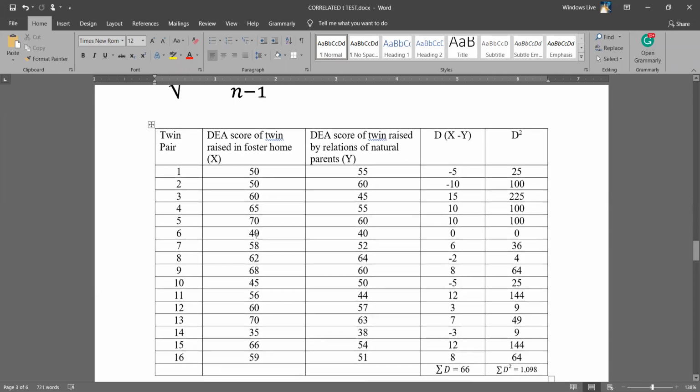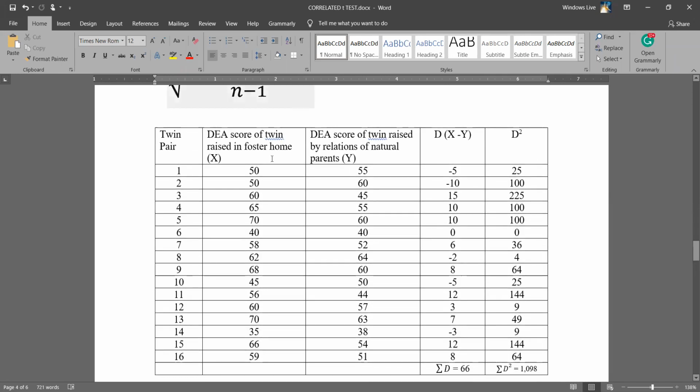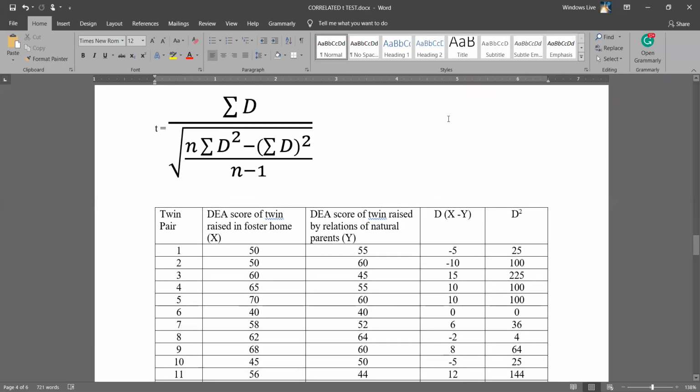You could see within your table, you had these first three columns. That was what was provided to you in the question, but I've created additional columns, the last two columns, trying to solve D. And we also have sigma D squared, also trying to solve D squared.